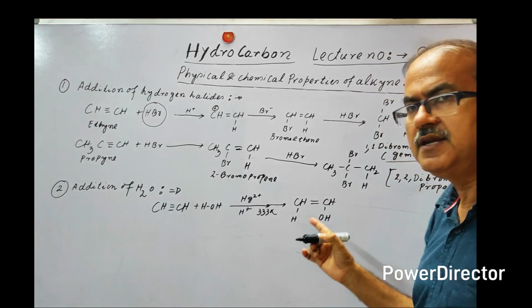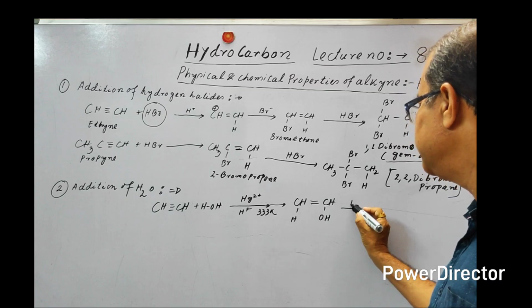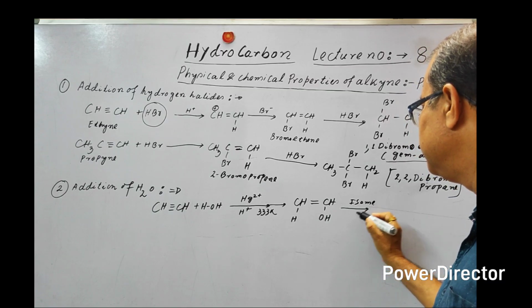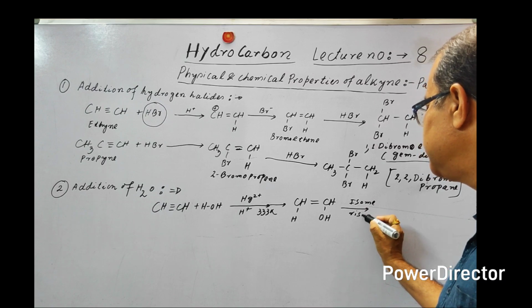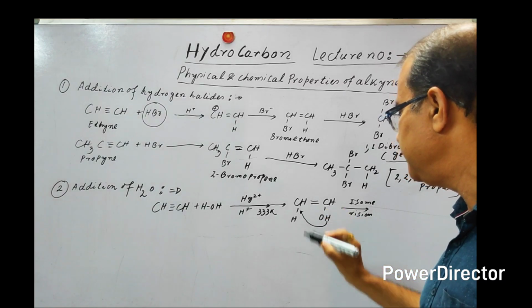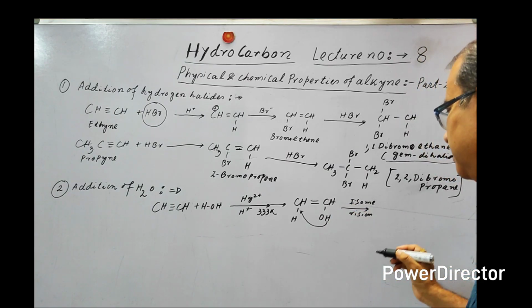The reaction does not stop here. There is a further isomerization process. Isomerization. In this process, what is going to happen? This hydrogen atom will be shifted here. So this double bond has been shifted to this position.